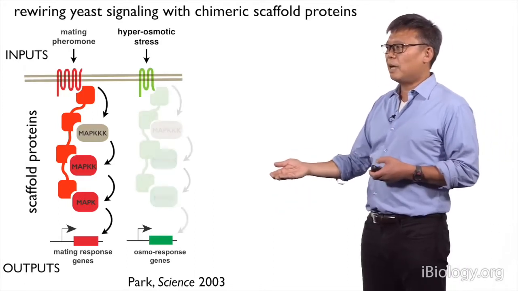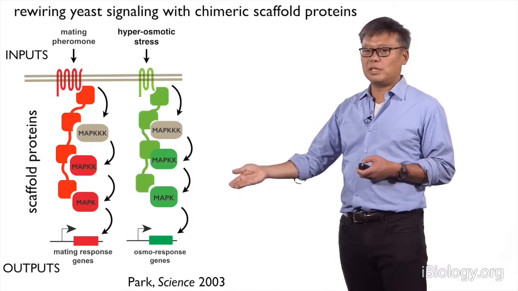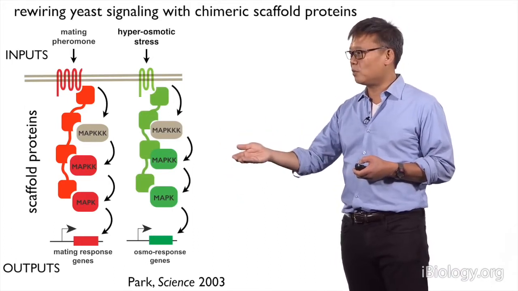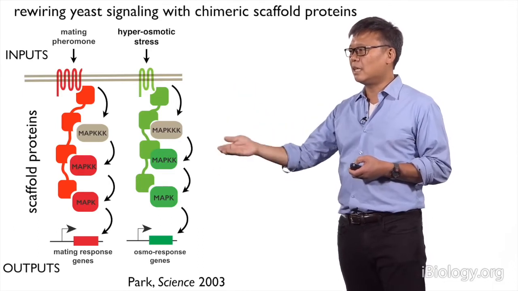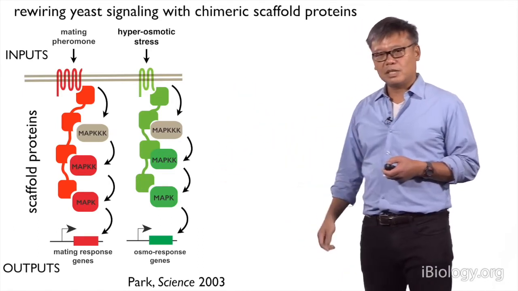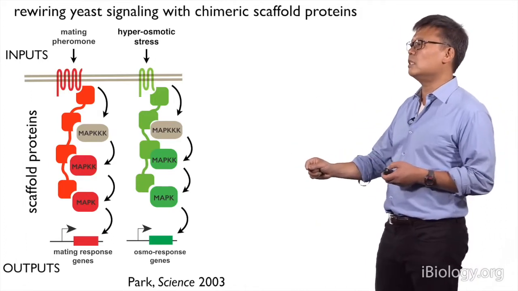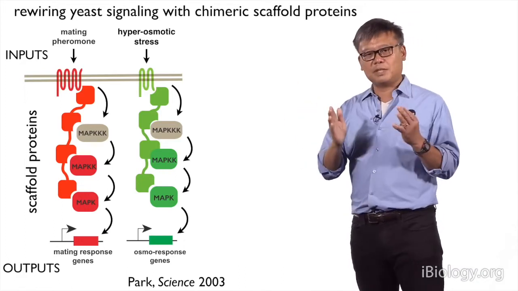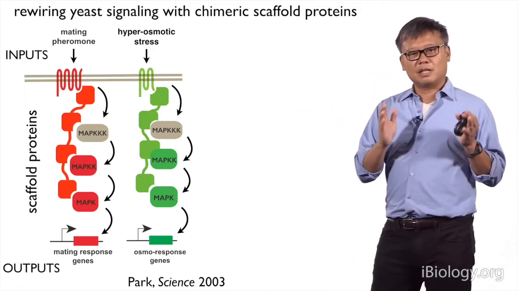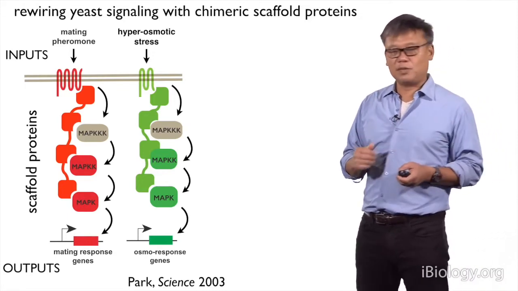Correspondingly, there's also a scaffold protein associated with the osmotic response pathway, which again binds to that receptor and then also assembles a distinct set of kinases that are involved in transmitting the information to the osmotic response genes. So in other words, both of these pathways can coexist and be specific because there is a scaffold protein that essentially wires them together in a specific way.